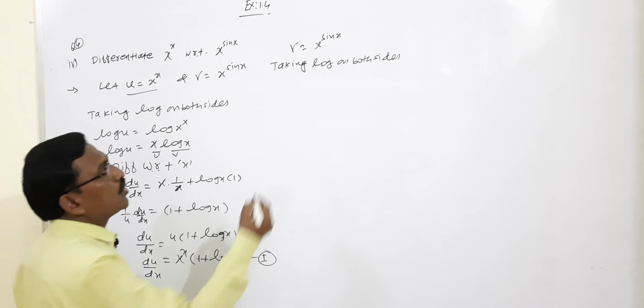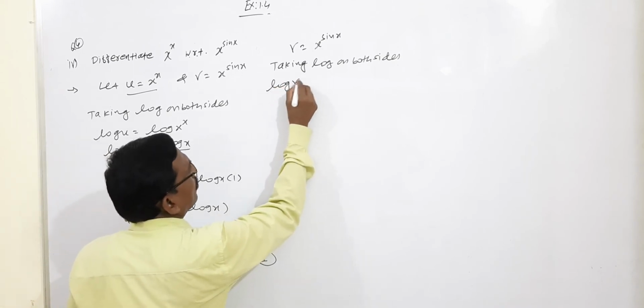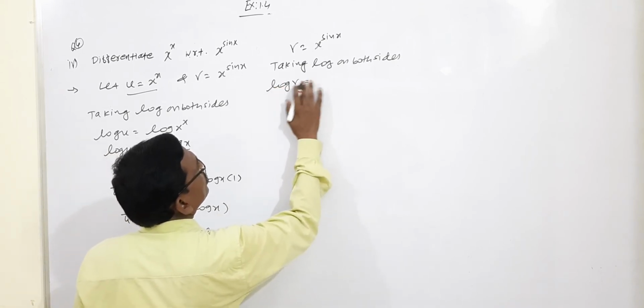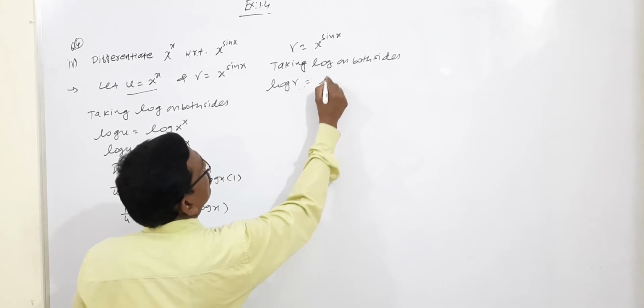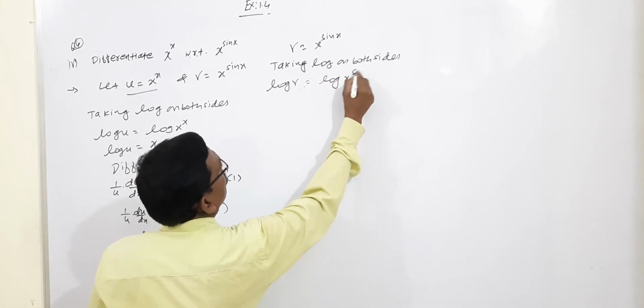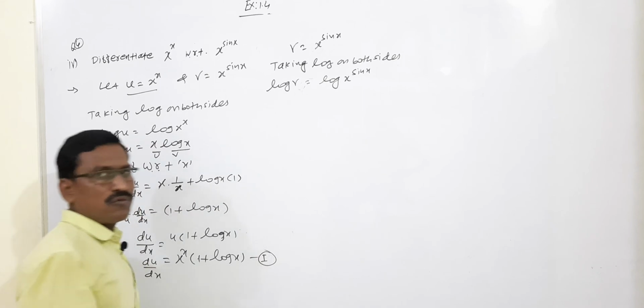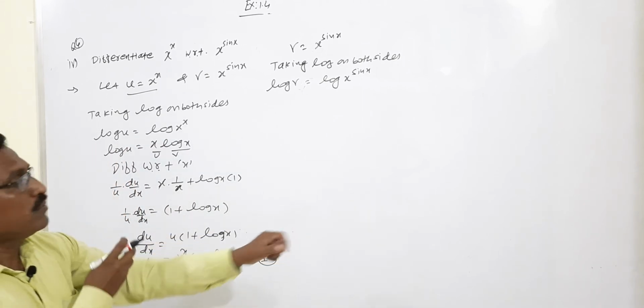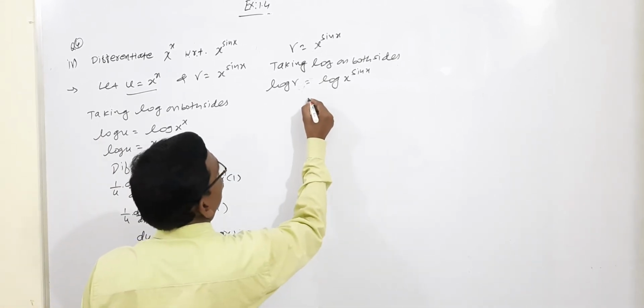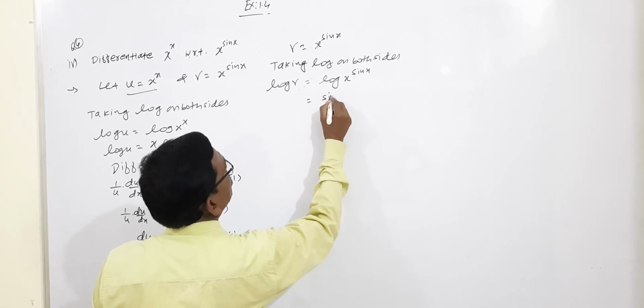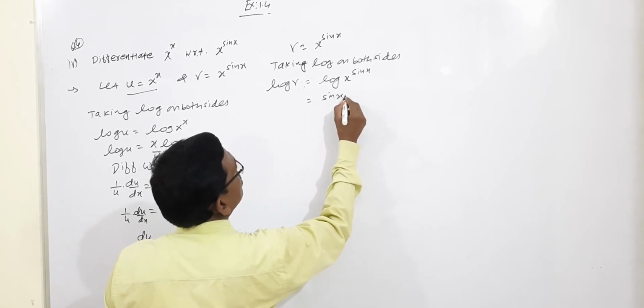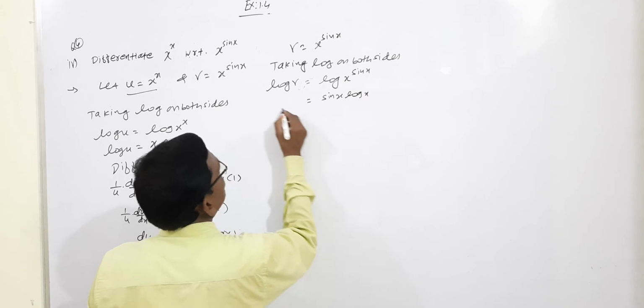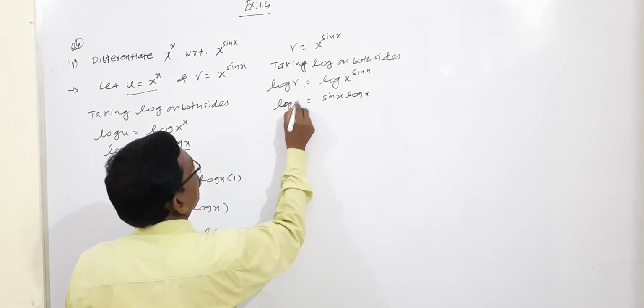So it is log v equal to log of x to the power sin x. Now again we use the rule of logarithm, log m raised to n is n log m, which means sin x into log x. So it is log v.